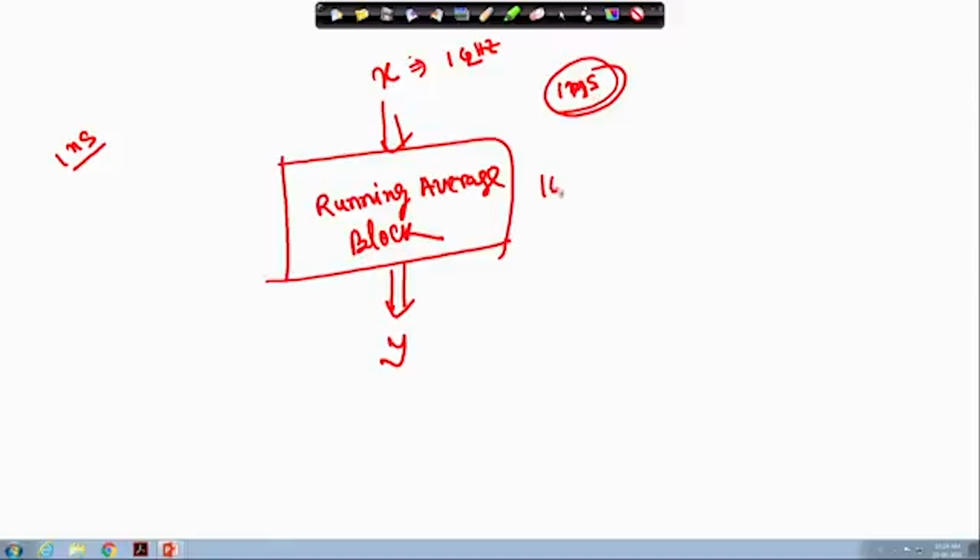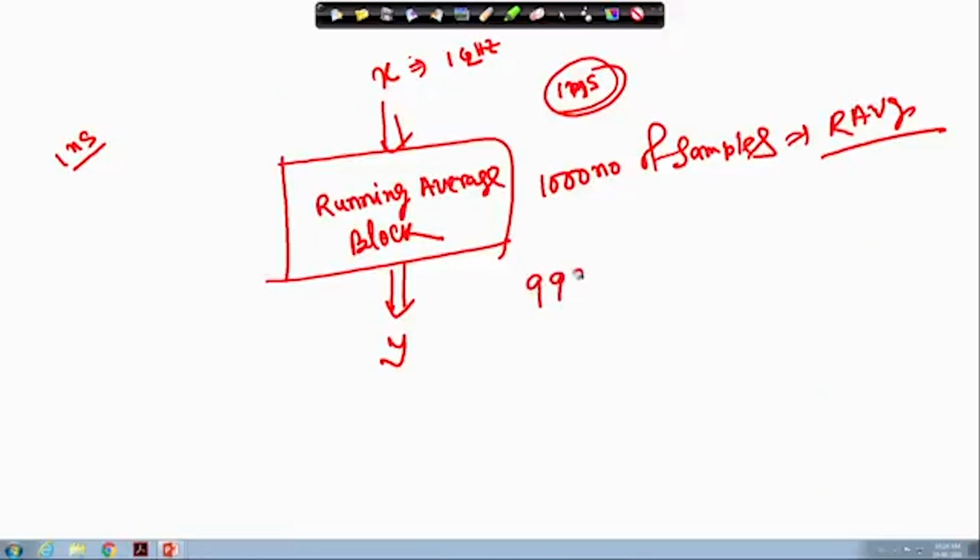So, for these 1000 samples for the running average, how much time do I have to wait for all the samples to come to this circuit? That will be 999 nanoseconds, after which I will get the output y.